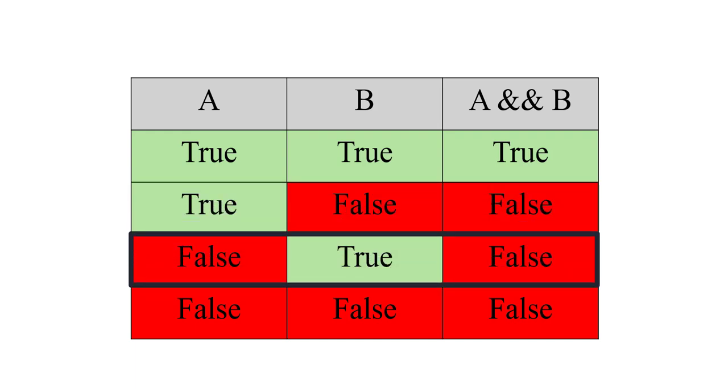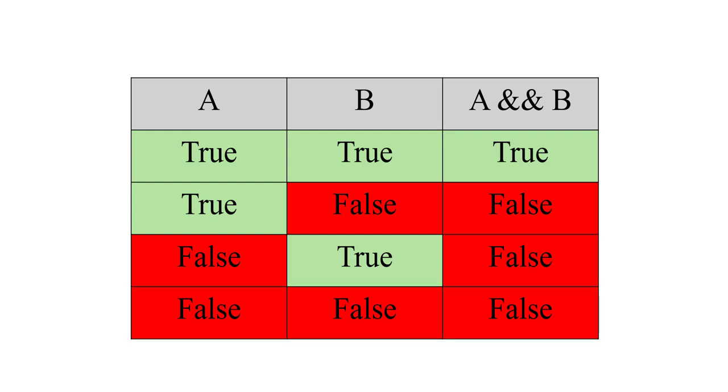If the output of A is false and the output of B is true, A and B is false. If the output of A is false and the output of B is false, A and B is false. As you can see, it takes one false condition for the whole output to be false.